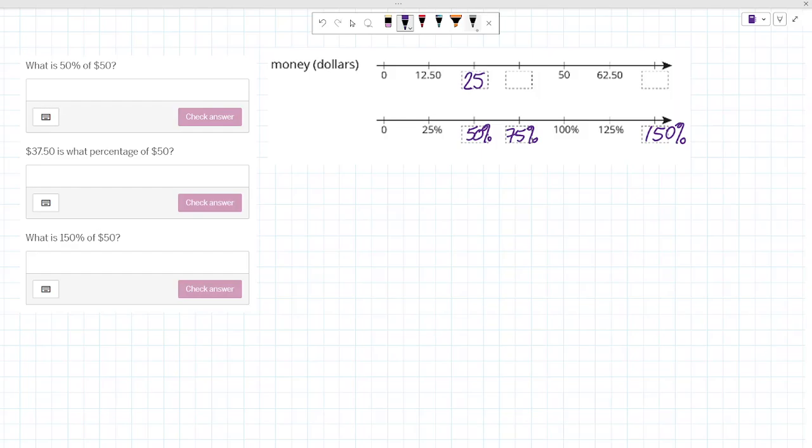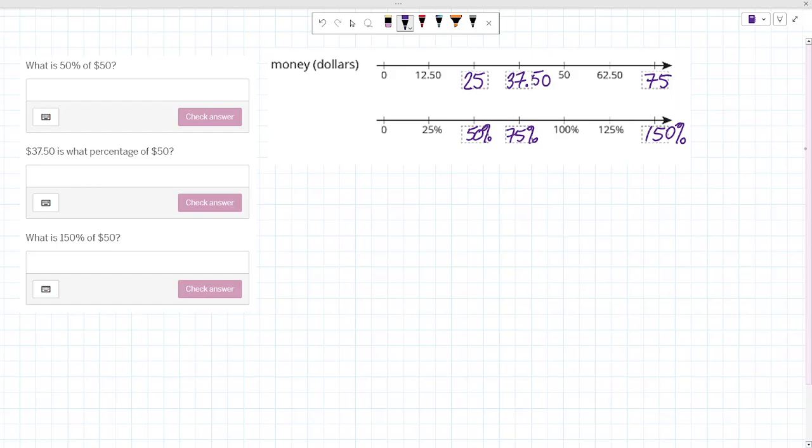Then I add another $12.50 to that, and I get $37.50. Then I get to $50 as 100% of $50, and then $62.50 is 125%. And if I add another $12.50 to that, what's that going to give me? I would get $75.